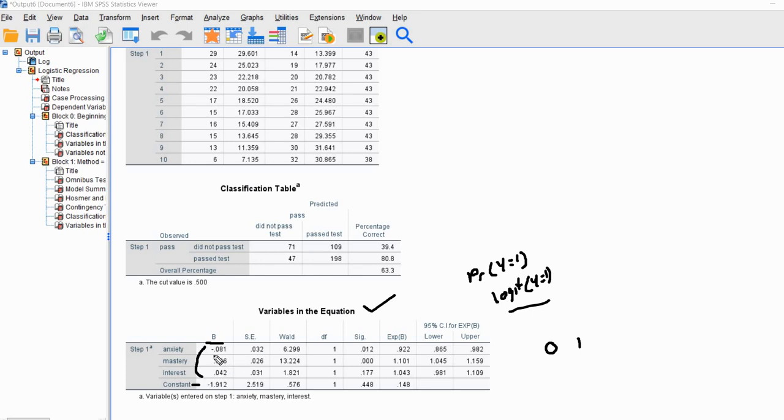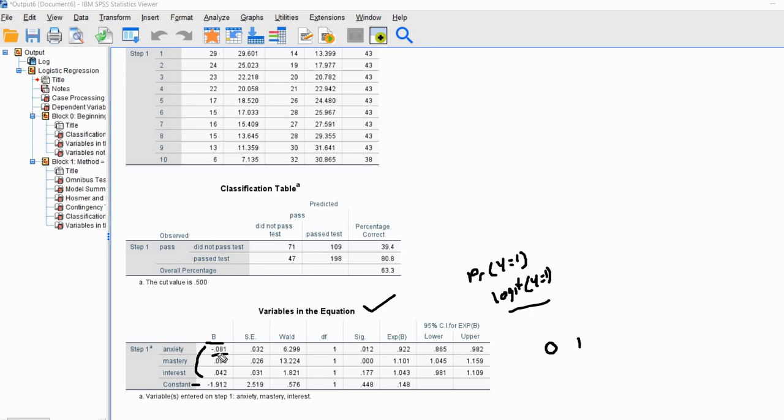So technically speaking, with our first slope right here, if we're looking at anxiety, what this would mean is that as we move from low to high levels on anxiety, the predicted logits, and by extension, the predicted probability of a student falling into the passed category, is decreasing.